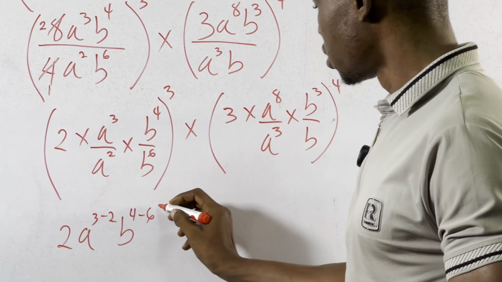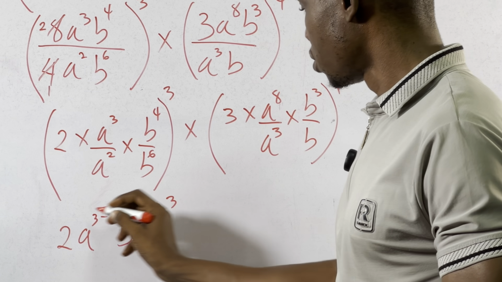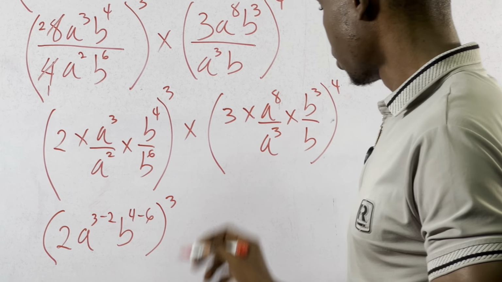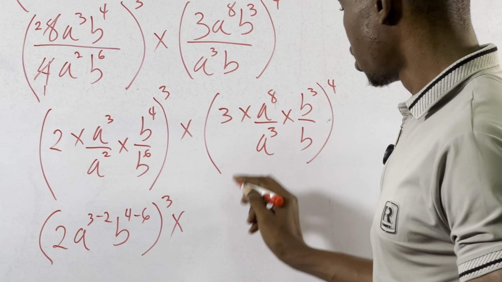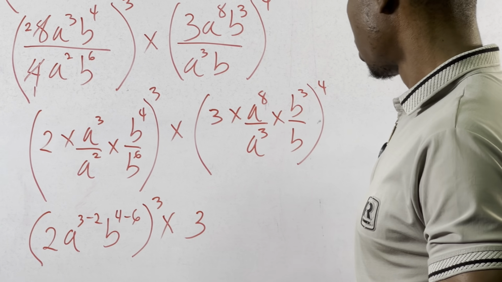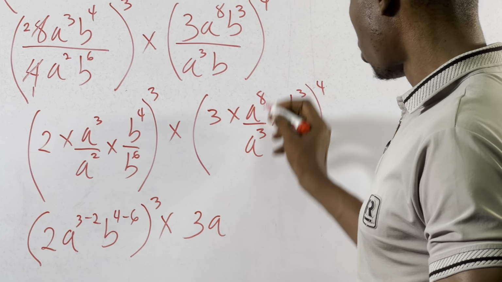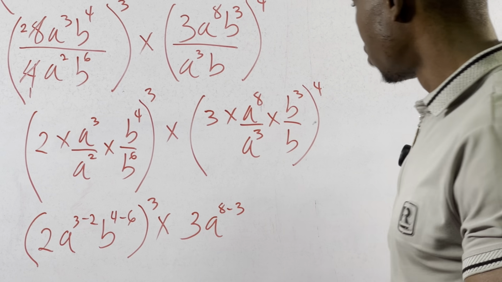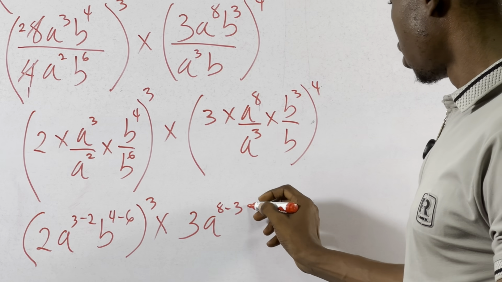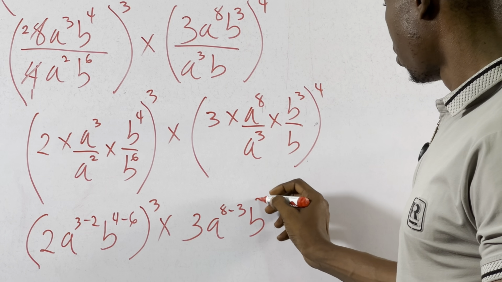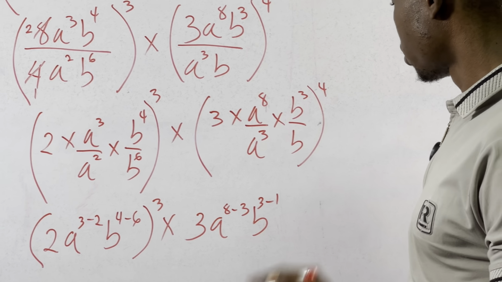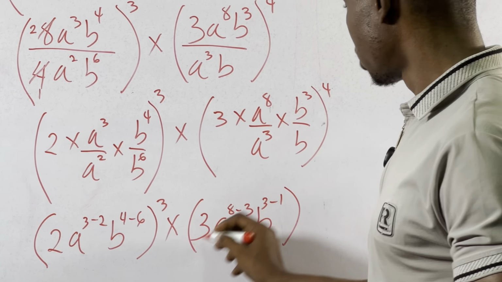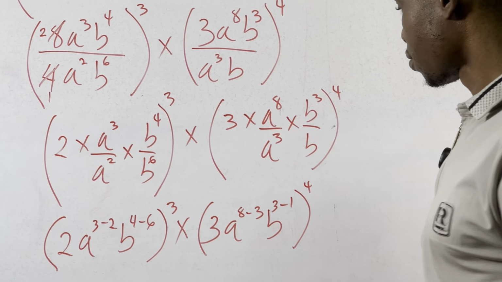Not forgetting this, we have a power 3 here, times, in this case, we have 3a raised to power 8 minus 3, that's the division law of indices, then b raised to power 3 minus 1. Not forgetting our power 4 here.